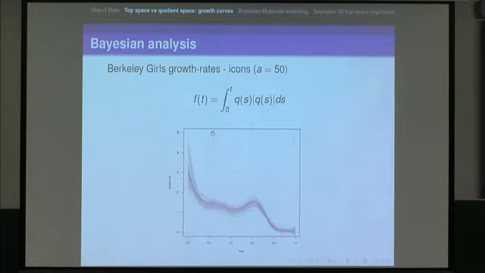Okay, so this is going back to the growth rate scale. This is the posterior mean and the aligned curves after having done that.